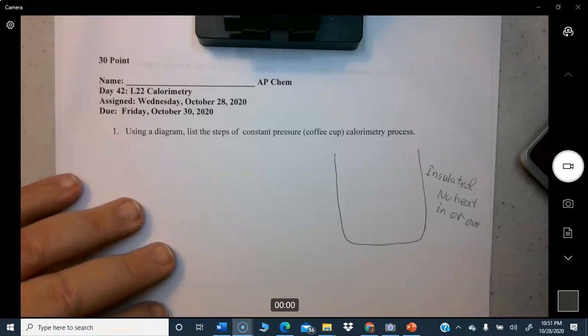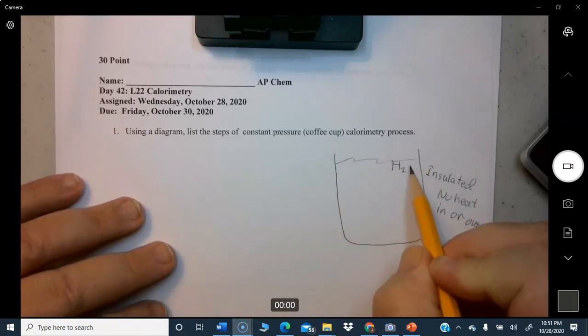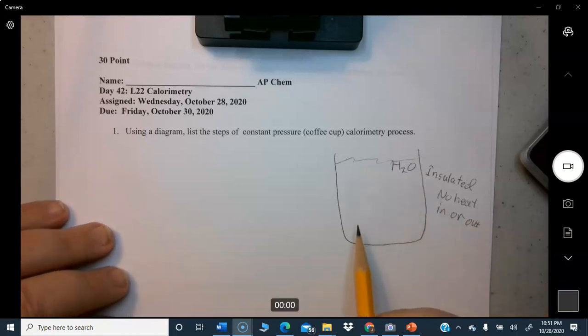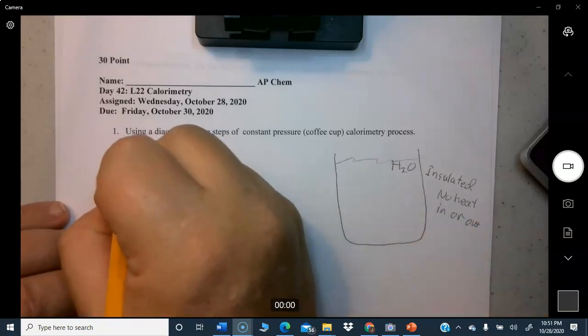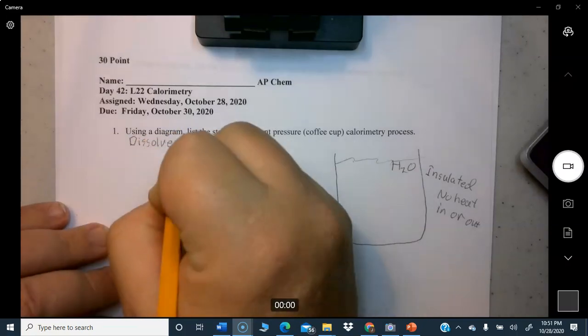Now, what we're going to do is we have water here, and we're going to dissolve sodium hydroxide into the water.